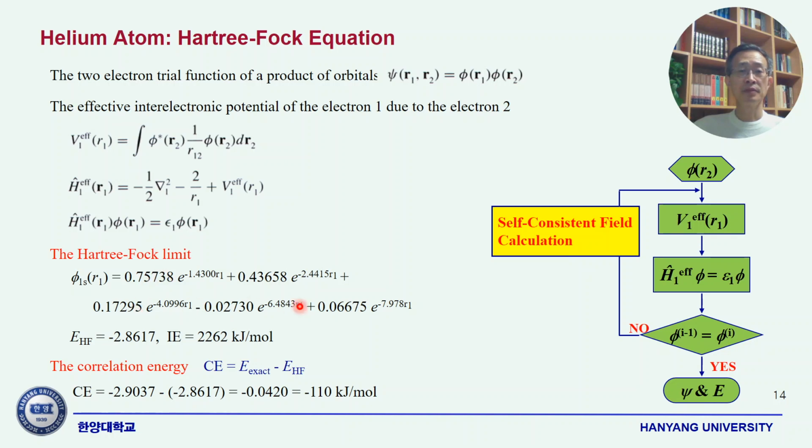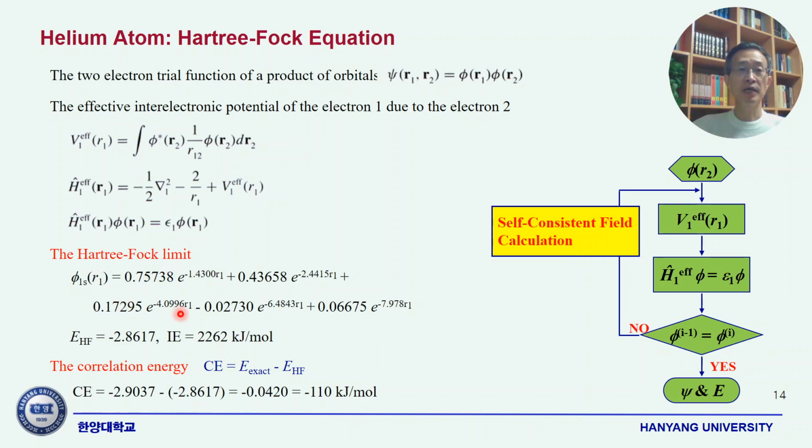So 5 is flexible enough, or more or less a limit. If you increase one more term, 6, maybe 7, it does not improve much. So this is a limit, and this is completely general, so you have reached the Hartree-Fock limit.